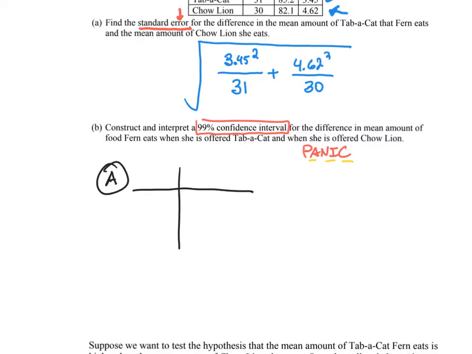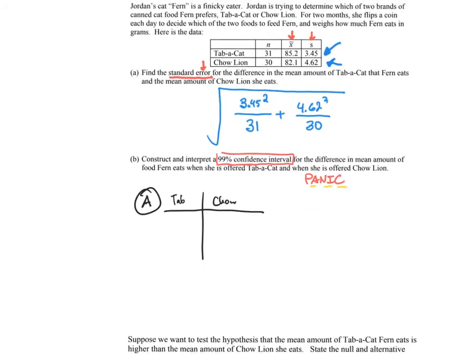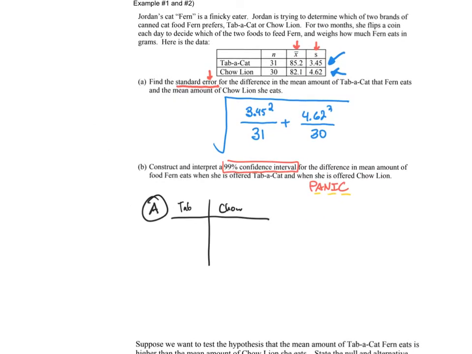Well, we need to make sure that Tabcat and Chow Lion both are available for us to use. So I'm going to tell you right now, this is a t distribution, because the only numbers that we have to go off are the standard deviation of the sample, not of the population. So these are t distributions. We need to be sure, is it appropriate to use a t distribution?